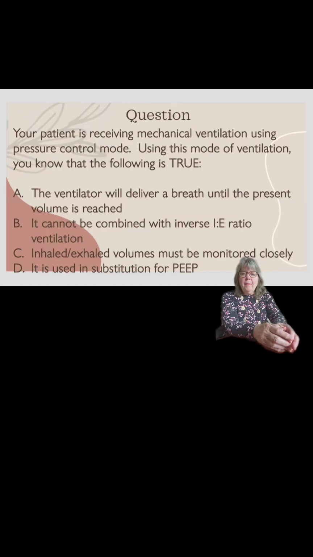And that's true because it's all about how much volume of air is ultimately going to reach the chest in order to provide for adequate ventilation and oxygenation. With pressure control mode, we're trying to limit the amount of pressure that's needed in order to deliver a certain volume.